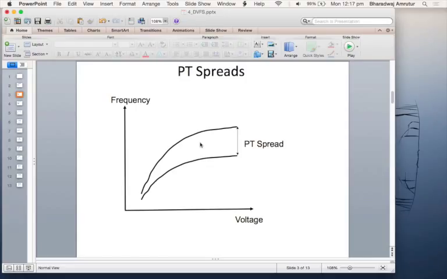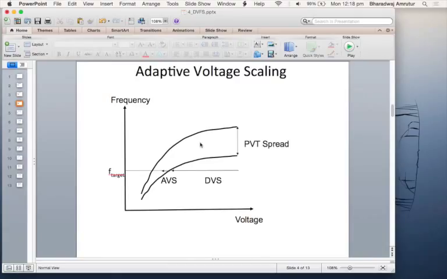So this frequency to voltage mapping is very important when we talk of dynamic voltage and frequency scaling. What is the idea? The frequency requirements can change with time. You don't always have to operate at one fixed frequency.